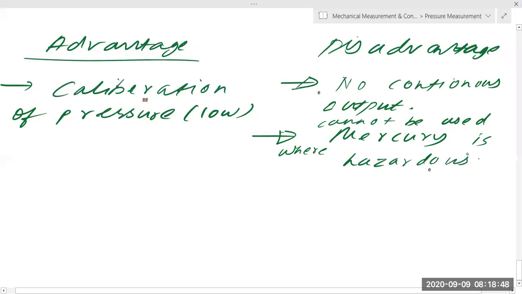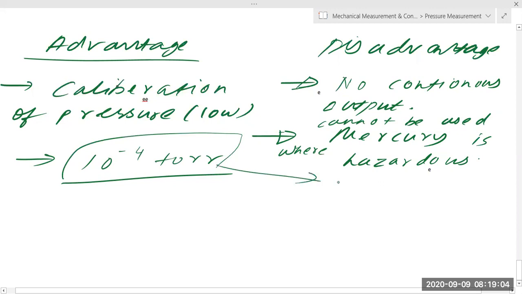Simple. One of the advantages I can say is that it can be used to measure pressure up to 10 raised to minus 3, 10 raised to minus 4 torr. But the disadvantage can be in measuring a pressure of 10 raised to minus 4 torr. We know 1 torr is equal to 1 mm of Hg, so 10 raised to minus 3 torr will be equal to 0.001 mm of Hg.